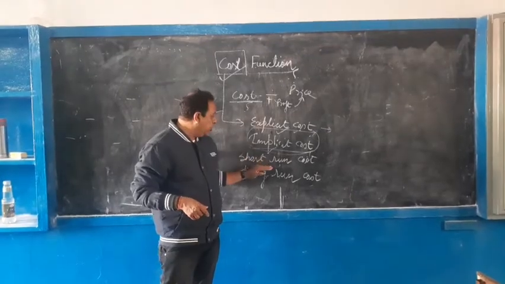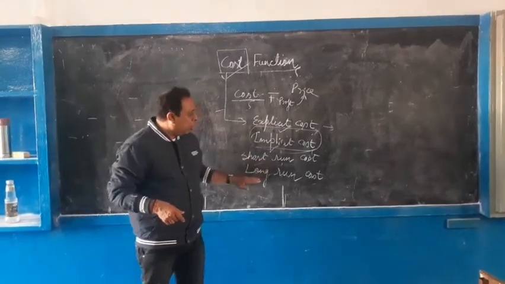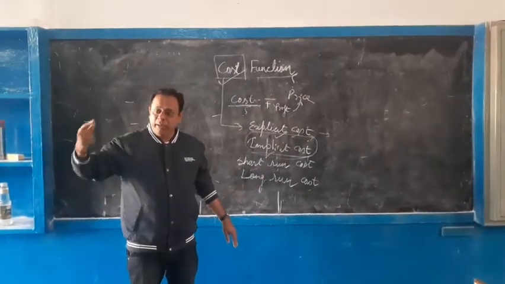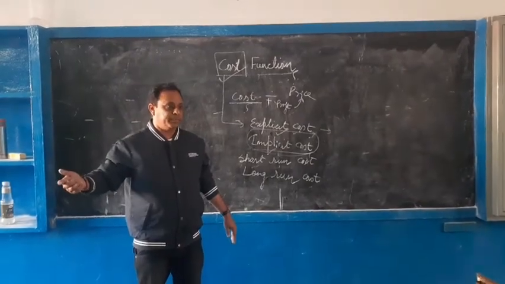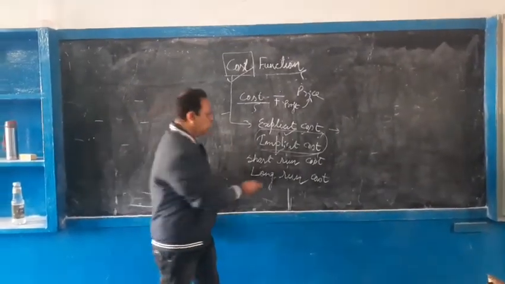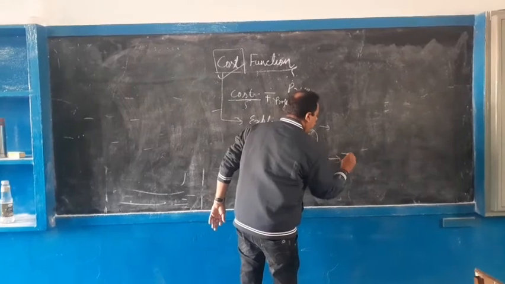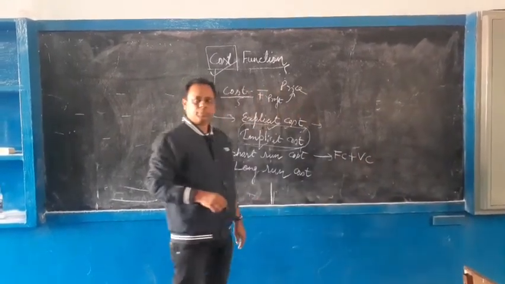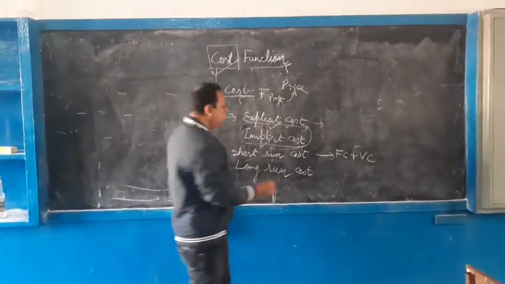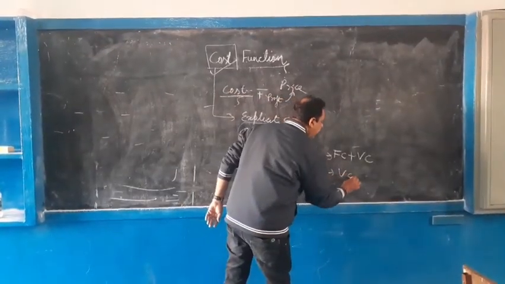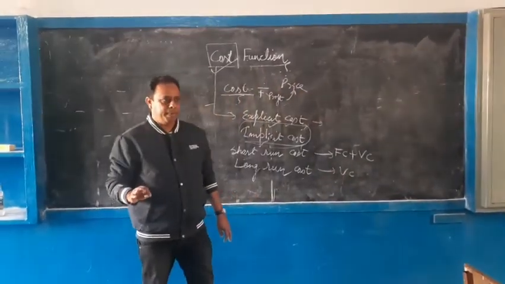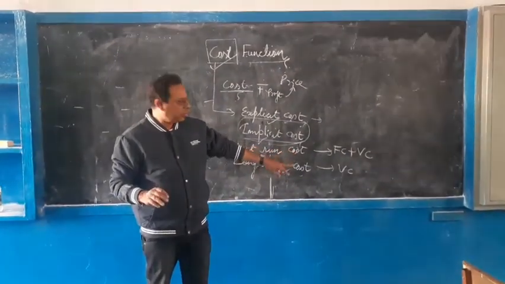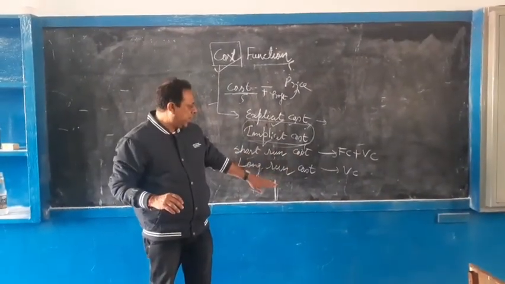That is known as short run cost, and long run cost is for a long period where the production is being made. Clear? Short run cost includes fixed cost and variable cost. Long run cost includes only variable cost. This is the basic difference between short run and long run.